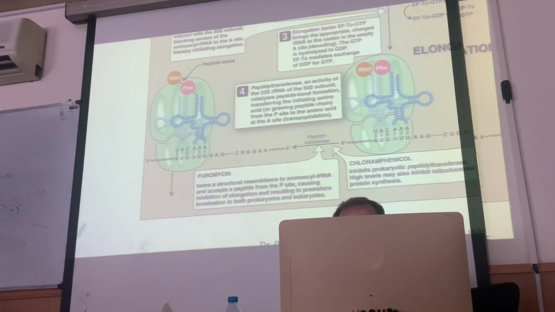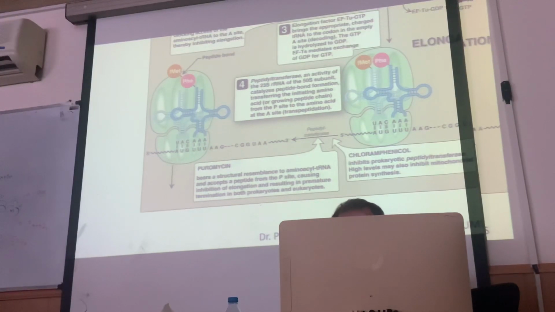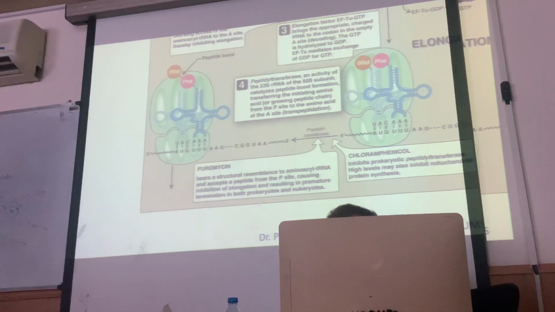Okay? And we have another antibiotic known as puromycin. Puromycin bears a structural resemblance to aminoacyl tRNA and accepts the peptide from the P site. What is the result? Inhibition of elongation and premature termination in both prokaryotes and eukaryotes.